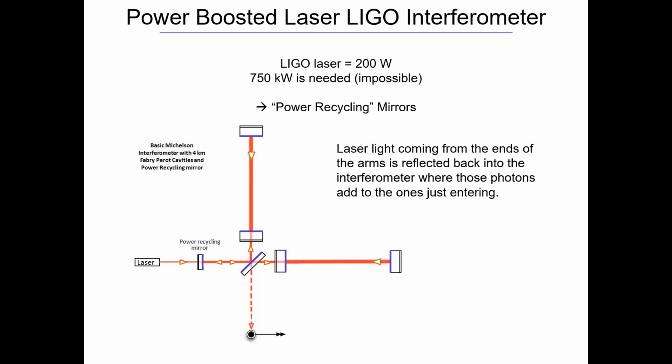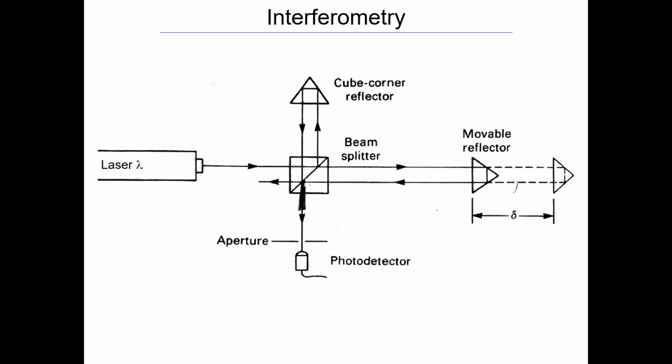Another thing is that it also needs a power boost. In this old one that we're looking at, the reflected path comes here, part of it gets through to recombine, but part of it gets deflected this way and is essentially lost. Then here, same thing.